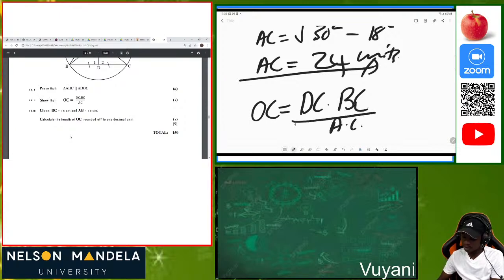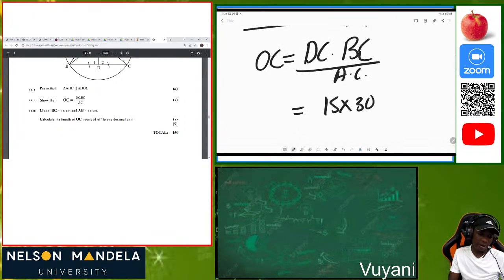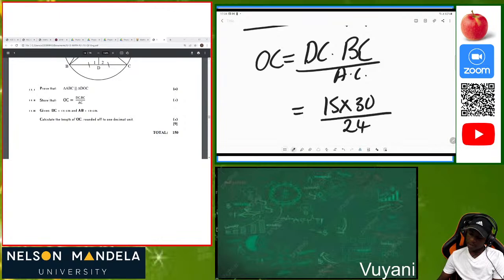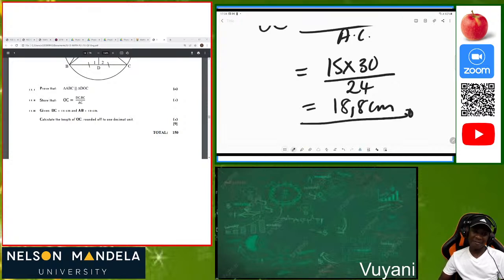We know that our DC is 15 times 30. I hope everyone can see my screen. Yes, it's 15 times 30 divided by 24. Then we have the equivalent answer, which is 18.8 centimeters. So that is our final answer.